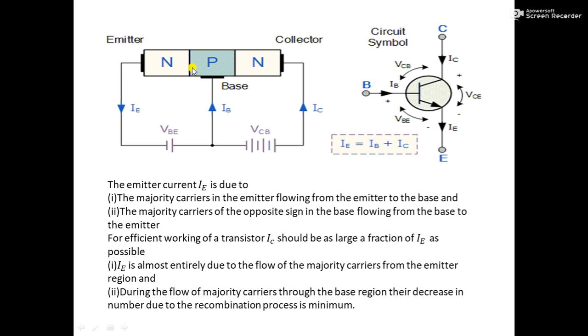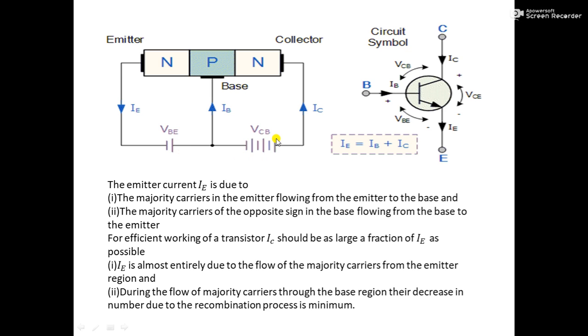At each junction, there is a depletion region which gives rise to an internal potential barrier. For the transistor action, the external biasing of the junction is provided by the batteries, this battery and this battery. The emitter base junction is forward biased and the collector base junction is reverse biased.